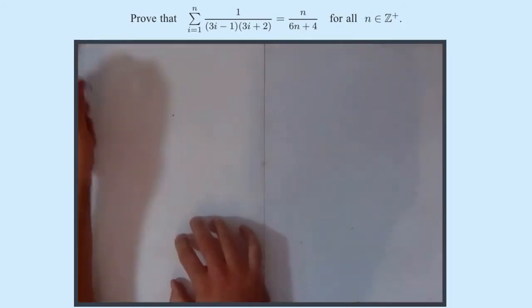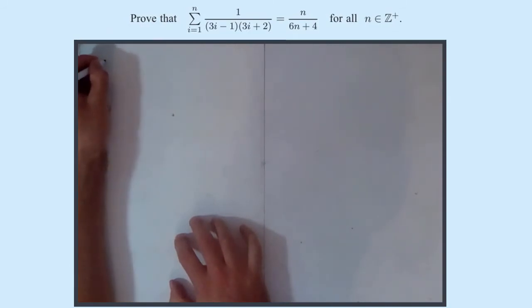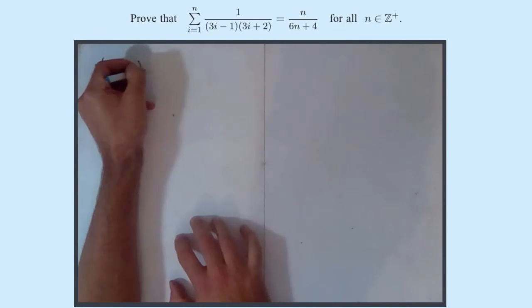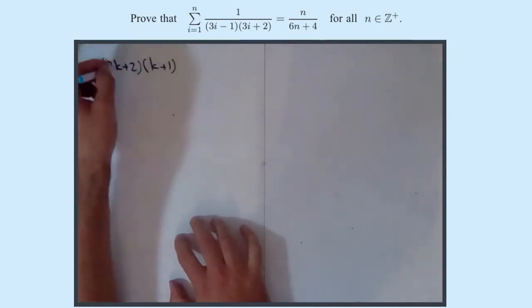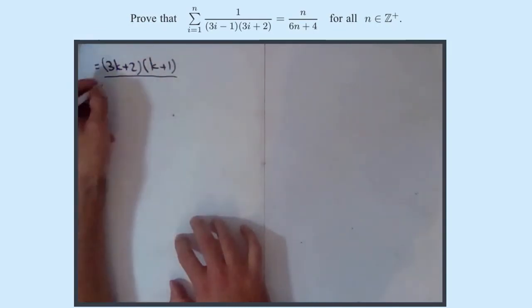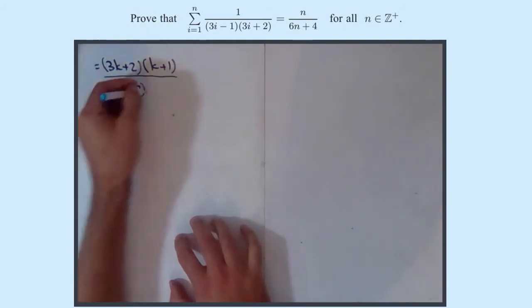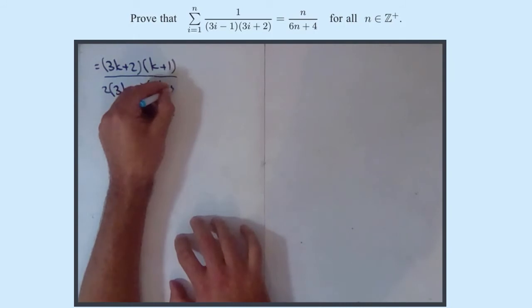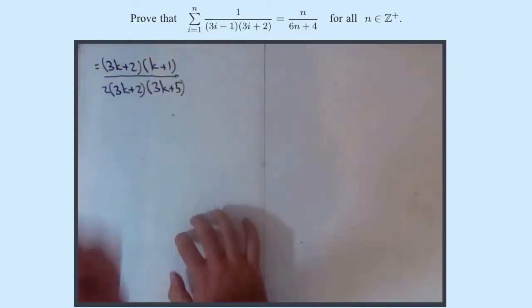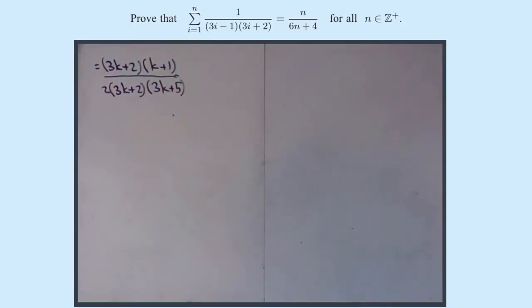Okay, so now in the numerator we have (3k plus 2)(k plus 1), and in the denominator we still have this factorized form of 2(3k plus 2)(3k plus 5). I'm going to write down the target again, because it's really important to always know exactly what you are aiming at.